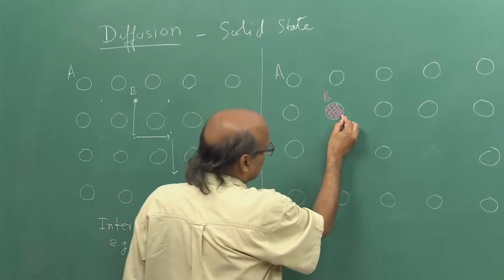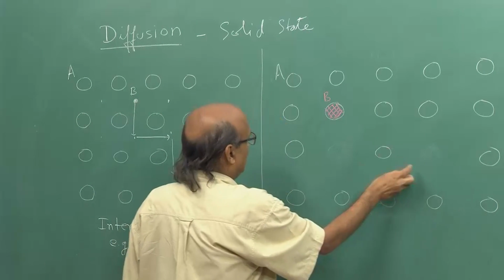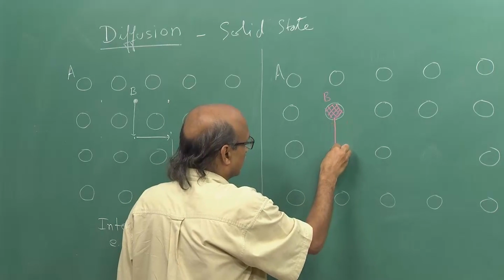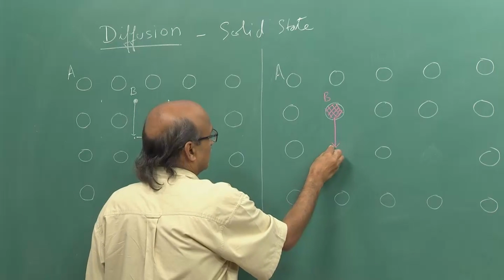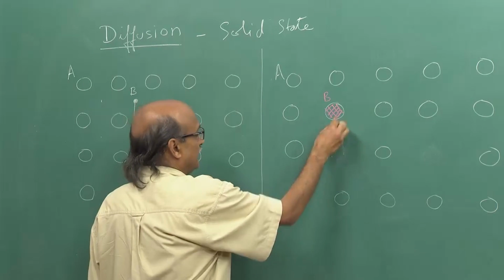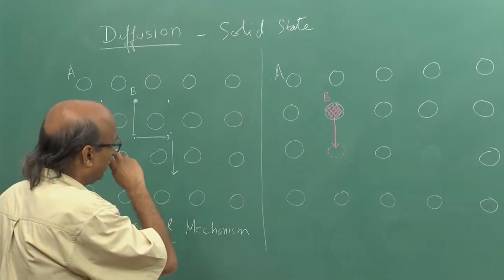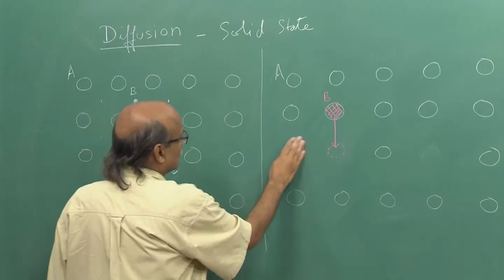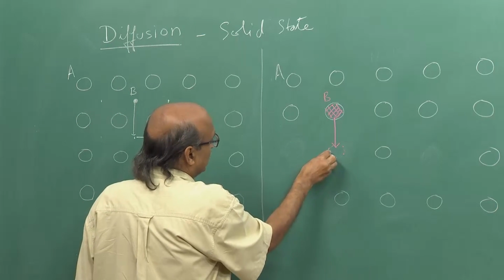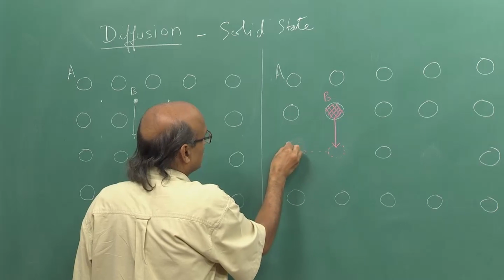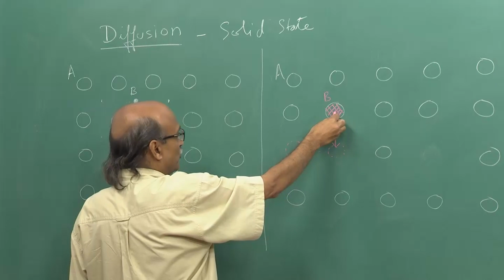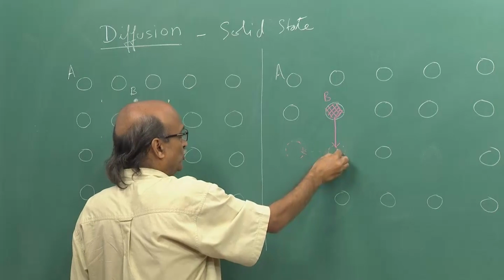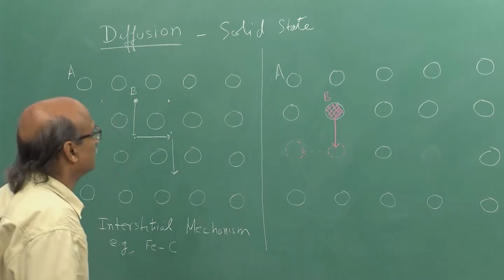It cannot jump from here to this vacant site, but this B atom could make a jump to this vacant site and come to this position. Similarly, if there was no atom here, then it can make a subsequent jump to this position, and that is how it is able to move from here to here in two successive jumps.